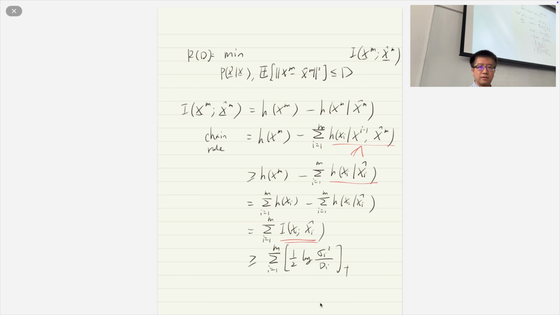This notation means the max between 0 and this. If it's bigger than 0, it is whatever it is, but if it's less than 0, it just takes 0. Any questions? Great. Now let's see how we can achieve that.